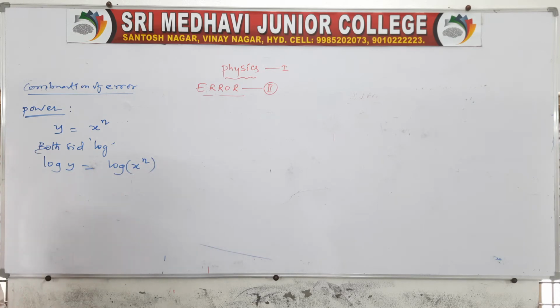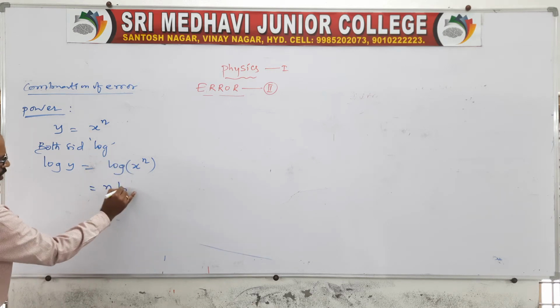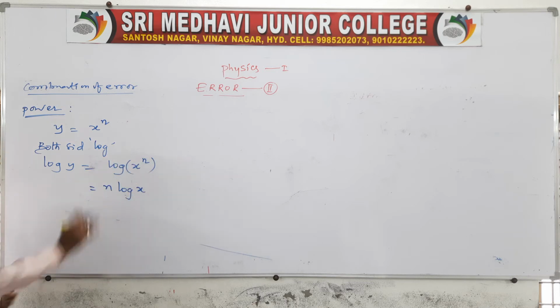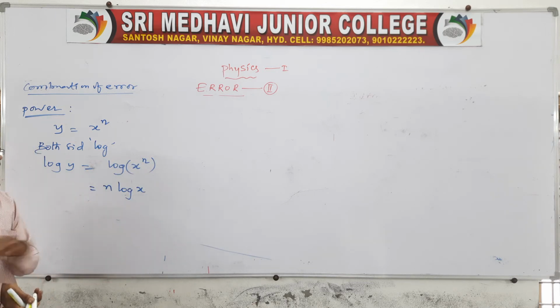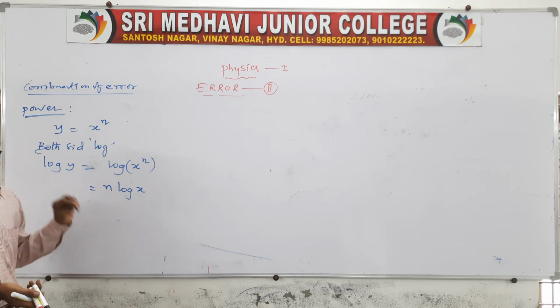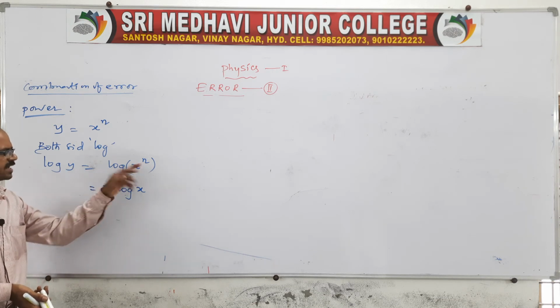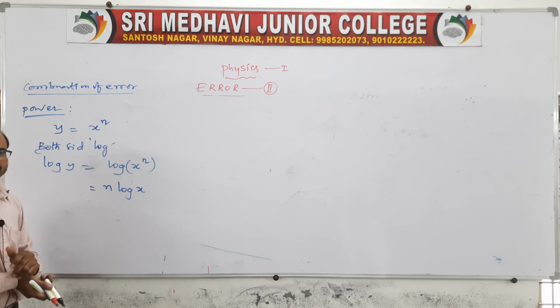In logarithms there is one principle, that log x power n can be written as n into log x. Whatever the power is, you take the power in front of the log, whether it is in the negative sign or in the positive sign.